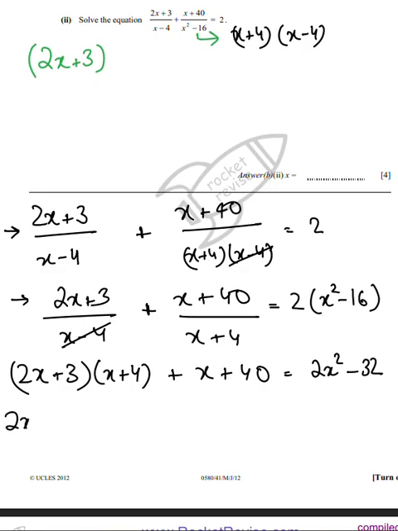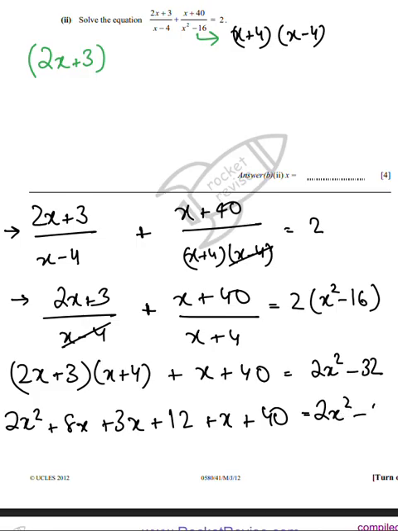This gives us 2x squared plus 8x plus 3x plus 12 plus x plus 40 equals 2x squared minus 32. Solve this question.